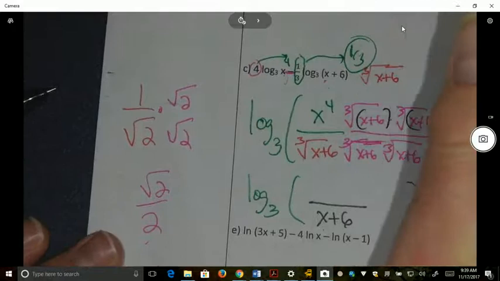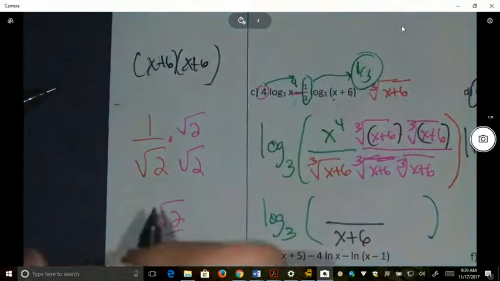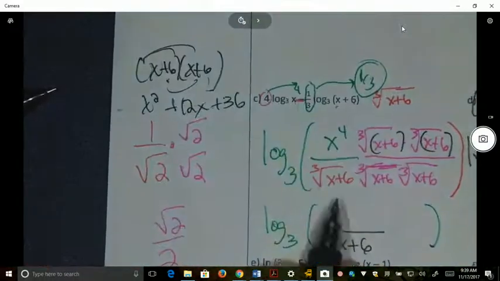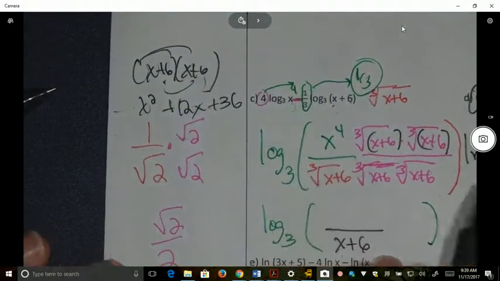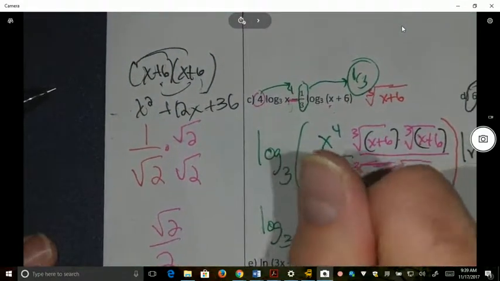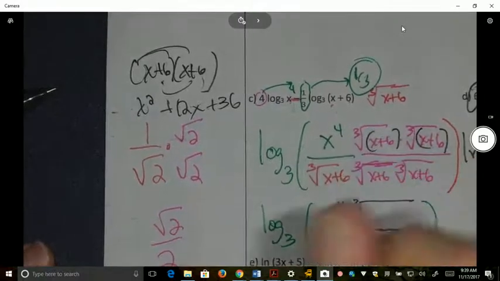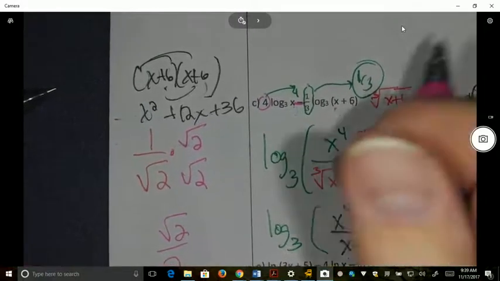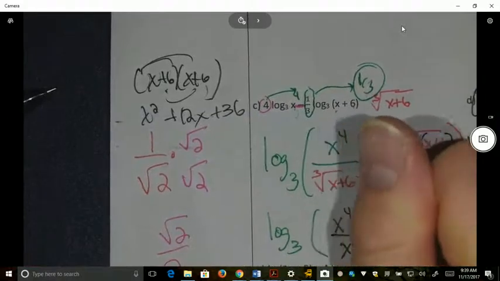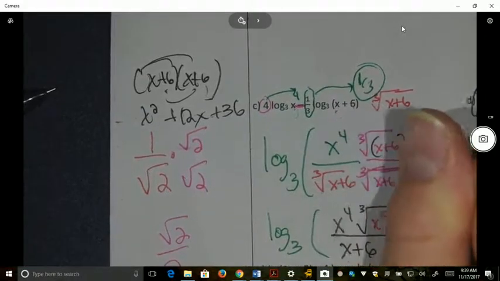This, however, is x plus 6 by x plus 6. So that's x squared plus 6x plus 6x, so plus 12x, and plus 36. That's all under the cubed root, though, so I can just write the cubed root of x to the 4th times the quantity x squared plus 12x plus 36.